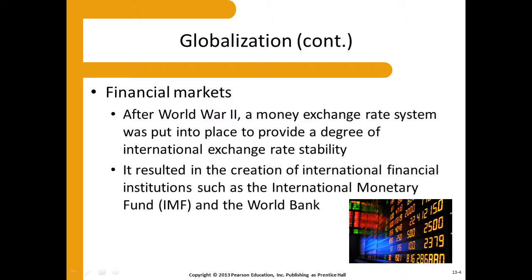The Bretton Woods exchange rate system collapsed in the 1970s, and flexible exchange rates were introduced then, with many national controls on the movement of investment capital removed, followed by deregulation of the financial sector. The result of this has been a significant movement of capital around the world, with increased cross-border lending and development of new and restructured financial institutions.